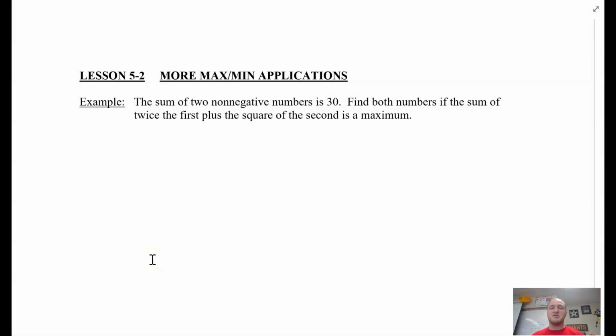This example says the sum of two non-negative numbers is 30. Find both numbers if the sum of twice the first plus the square of the second is a maximum. All right, so step one, let's identify our variables. We're talking about two non-negative numbers, so I'll just use x and y again. The information they tell us is that the sum of these two non-negative numbers is 30, so x plus y is equal to 30.